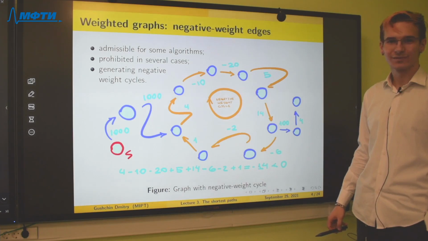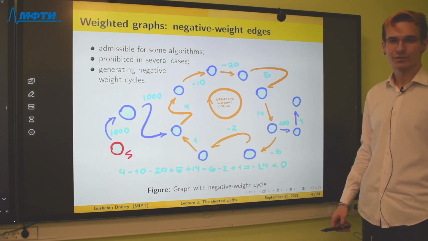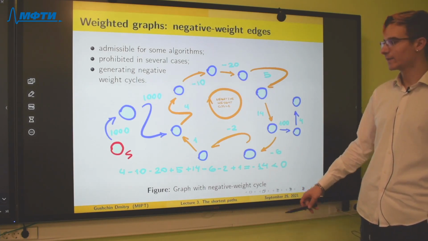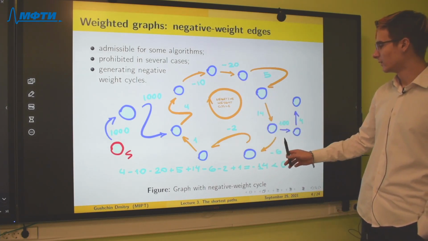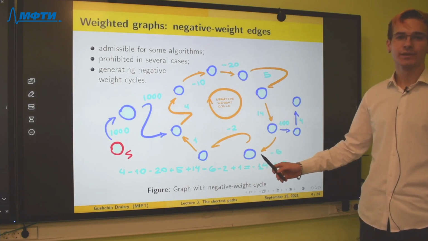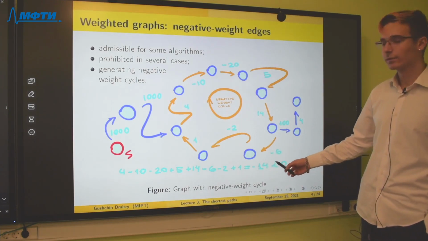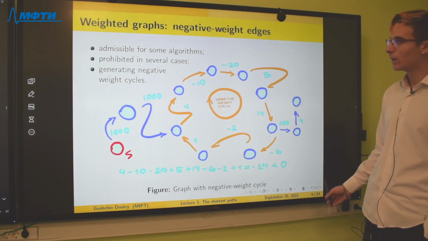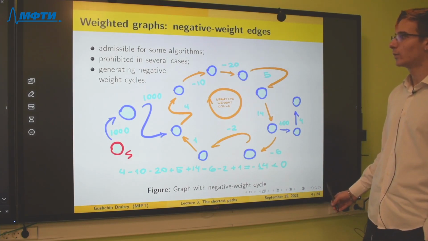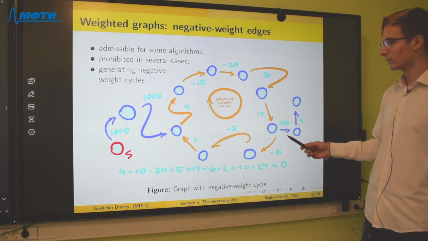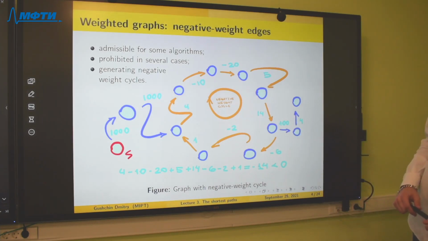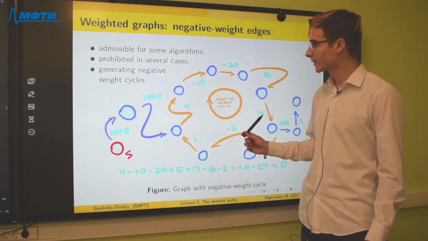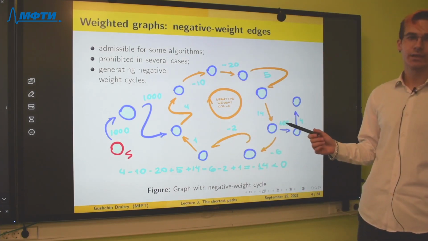If we have any real number, we can find a path with weight smaller than that number. So we cannot solve the problem of finding the shortest path between S and other vertices if we have a negative weight cycle in the graph.